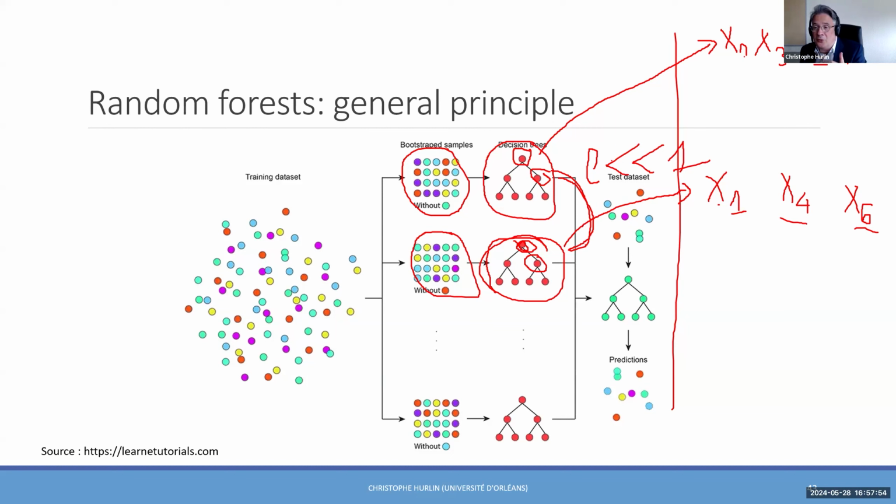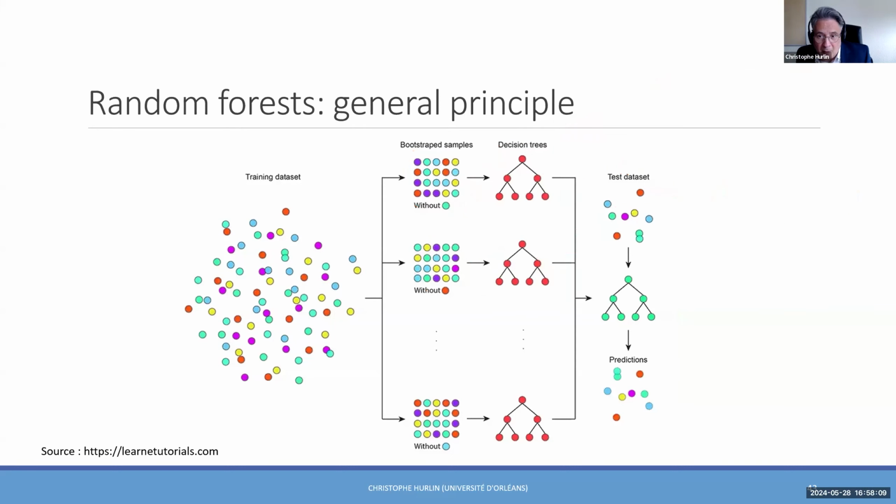So the fact that you impose on the model to choose different variables makes sure that the decisions of the trees are different for the same individual. Because, okay, this tree will use my age and the price of my car to take a decision.